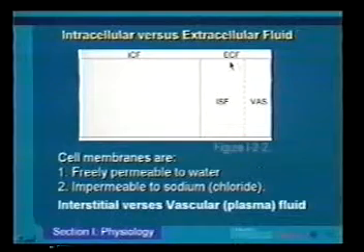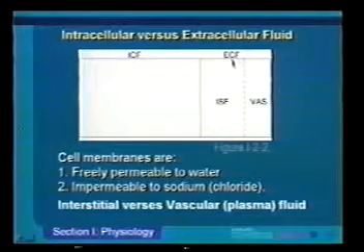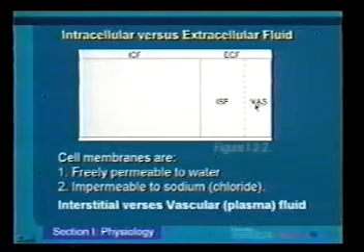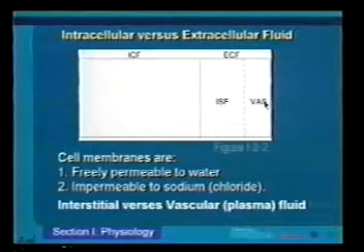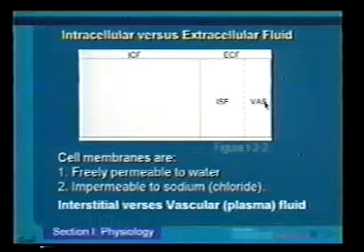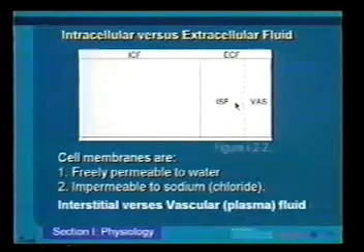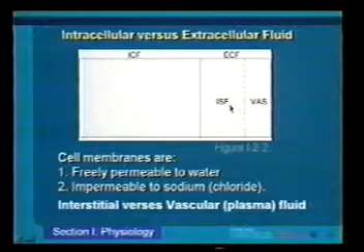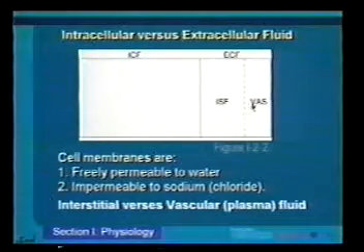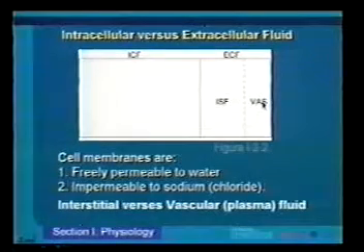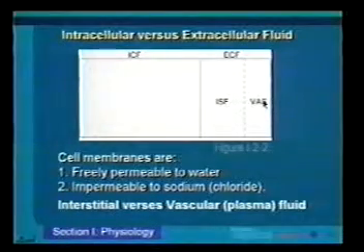Now we also divide the extracellular fluid into 2 compartments, that is the interstitial fluid and the vascular compartment. Again here you should have some idea of size, and it is worth remembering that the interstitial fluid contains about 2/3 of the fluid from the extracellular environment, and the vascular compartment contains about 1/3 of the fluid of the extracellular compartment.